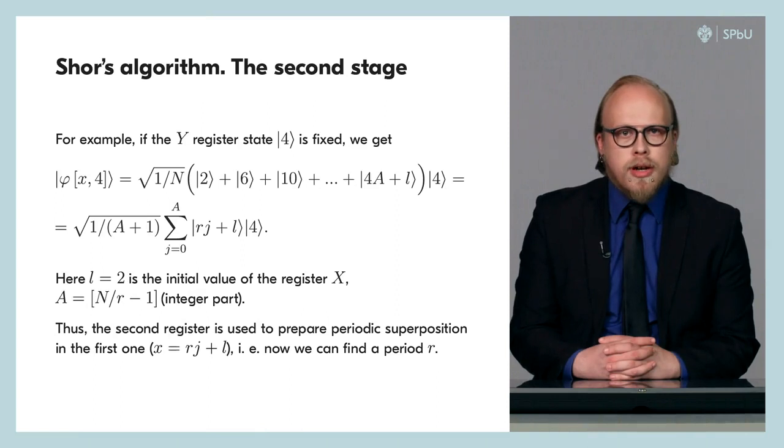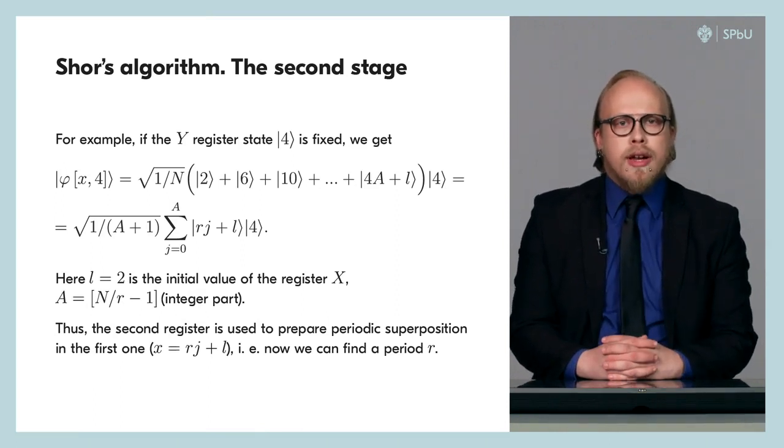Next, we want to measure the register of values in the measurement basis, and the data register is still unmeasured. As a result, we obtain an equiprobable superposition of 2, 6, 10, and so on, multiplied by state 4 in the value register, which can be expressed as a normalized sum over j from 0 to n divided by r minus 1, state r multiplied by j plus 1 tensor multiplied by the state 4 of the second register.